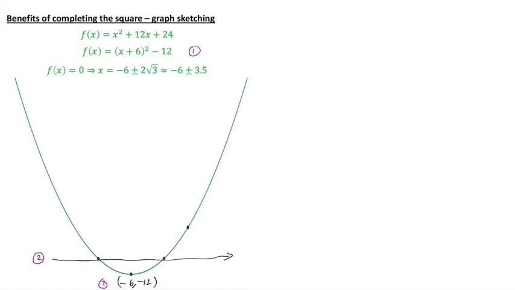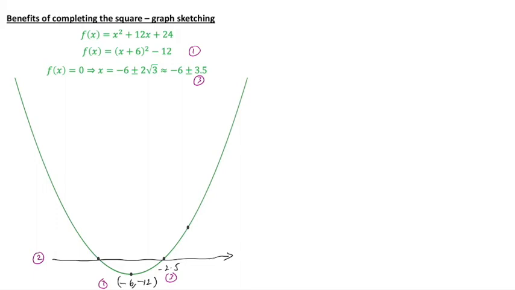The next thing we can do is we can write the x-axis, or y equals 0, because we know now that the minimum has a value of minus 12, and so the x-axis must be above that. The next thing we can do is, well, we know that we have this adding and subtracting 2 root 3.